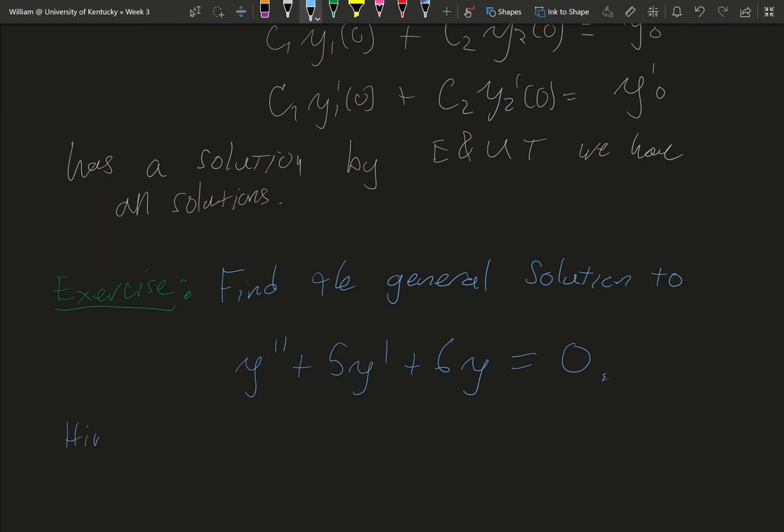And here's how you should go about doing it. For your hint, look for solutions of the form y equals e to the rt.